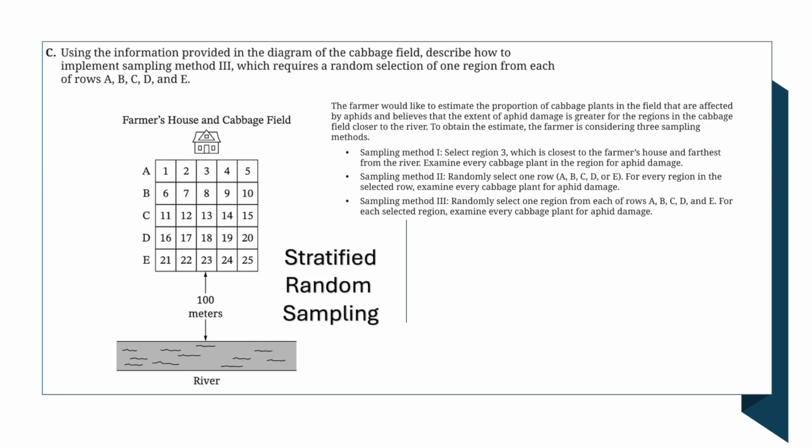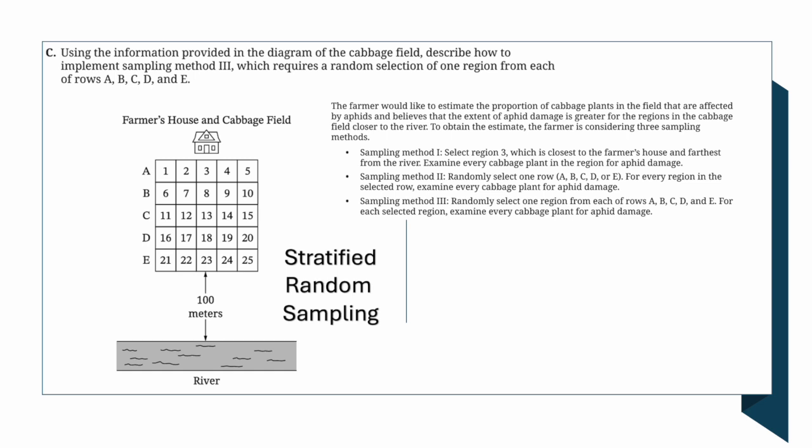That means you are dividing the field into strata, into groups A, B, C, D, and E, based on proximity to the river, and then using a random sampling method to choose one region from each stratum, and then examining all the cabbage plants in those regions. This is one of the best methods to get the closest estimate to the true proportion.